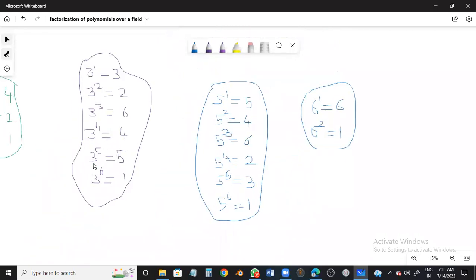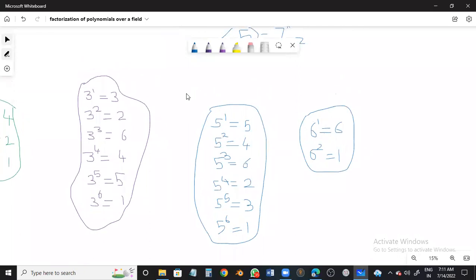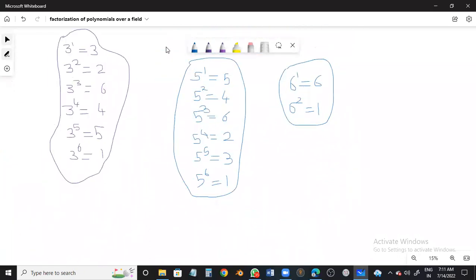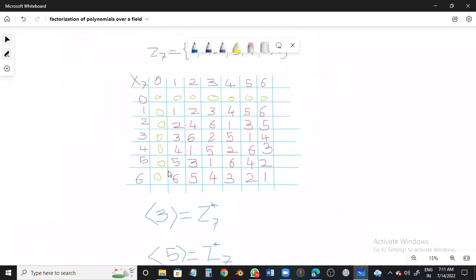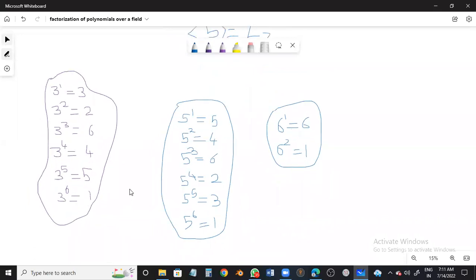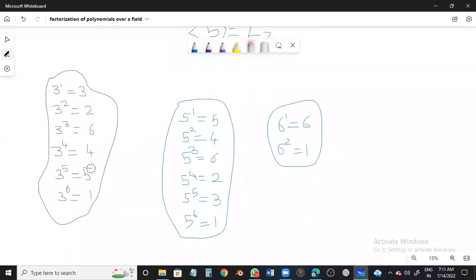Then it comes to 3 raised to 5. So 4 5s are 20. 20 divided by 7. 4 5s we want to check. So 4 5s is 6. Just a minute. 4 5s is a 6. It must be written 6. That is a kind of mistake of mine.